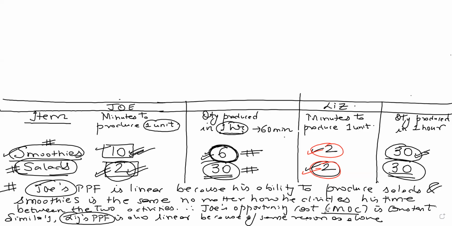Okay, so let's now plot the production possibility frontier for Joe and Liz on the top. This is Joe's production possibility frontier, and then we have Liz's production possibility frontier.